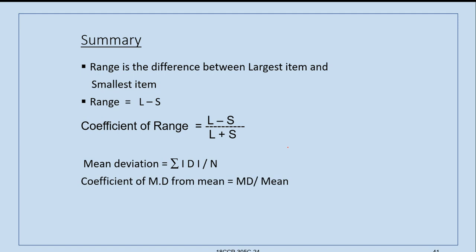Coefficient of mean deviation from mean is mean deviation by mean. Coefficient of mean deviation from median is mean deviation by median. Coefficient of mean deviation from mode is mean deviation by mode.